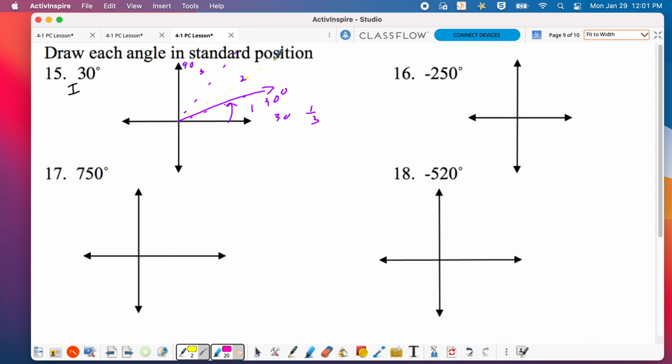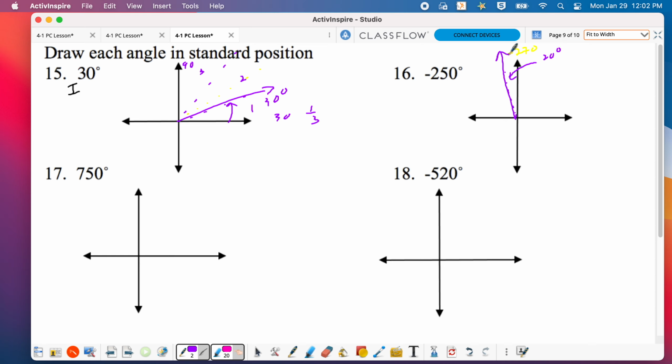All right, for negative 250, I'm going to rotate down. And when I see that, if I rotate down to the top, that's negative 270. So what I'm going to do is draw this line here where this little angle is a 20-degree angle.